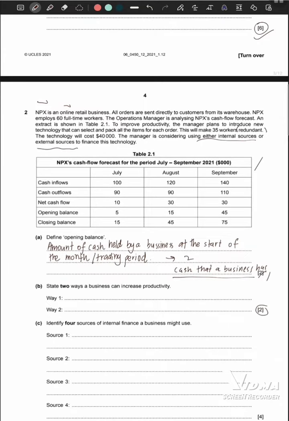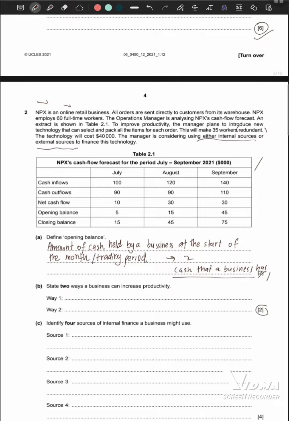There could be many possible ways. You can write anything you like, and you'll still get the point, as long as it's relevant to the topic, which is productivity. It doesn't really matter where your ways are coming from, as long as it's relevant and it makes sense.